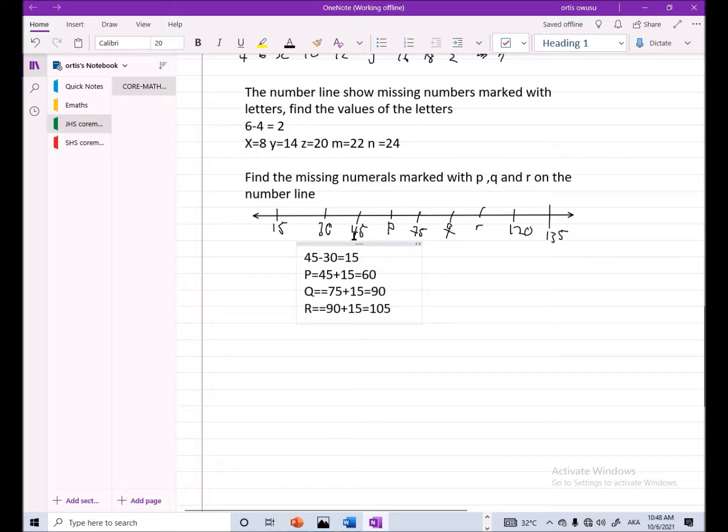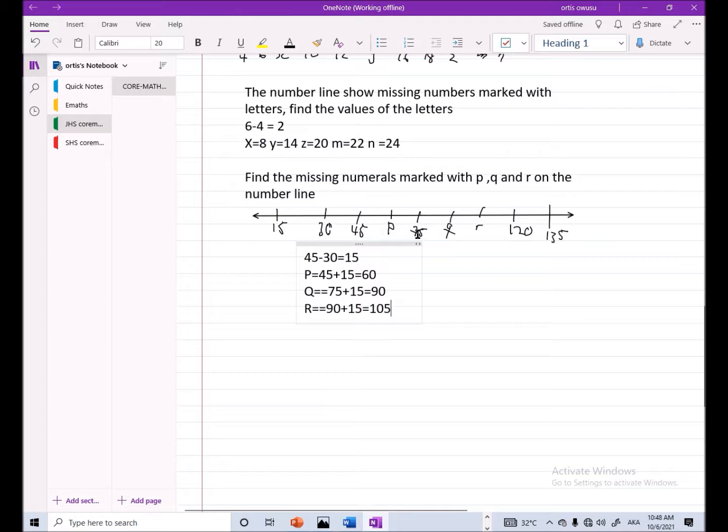Or you can subtract: so far as we know the range, you can subtract this. 75 minus 15 will give you 60, but no, just follow the principle. 45 plus the 15 will give you 60, plus 15 will give you 75.